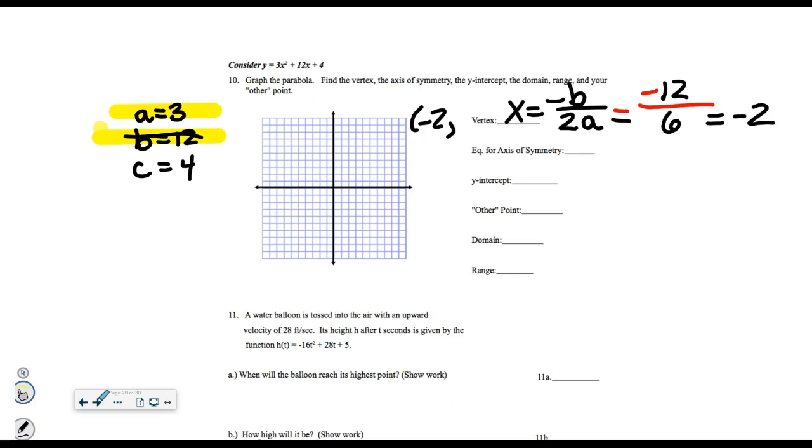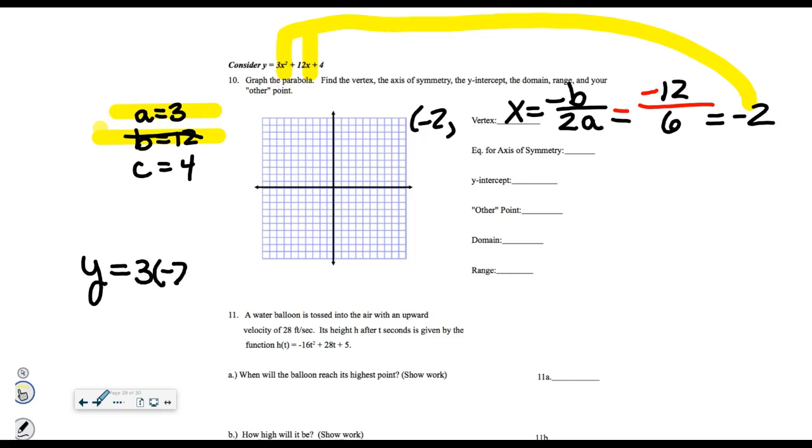And what are you going to do? You're going to go up here, and you're going to put the -2 in for the x. All right, so on your calculator, and again, write it under here, you're going to write the y equals 3. You're going to do a -2 squared on your calculator plus 12 parentheses, -2, use those parentheses, plus 4.